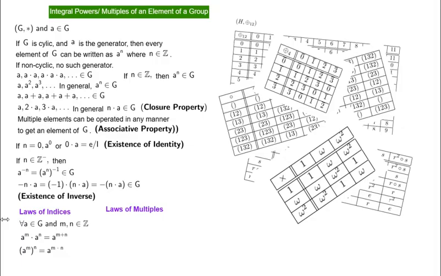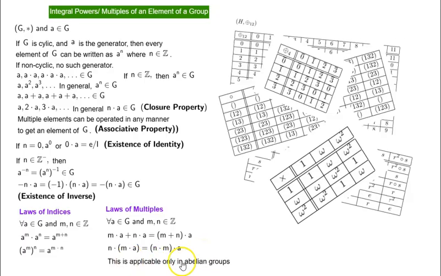Now laws of multiples. For all a in G and m and n in the set of integers, we have m times a plus n times a is equal to m plus n times a. And we have n times m times a is equal to n times m times a. Here, this is applicable only in abelian groups.